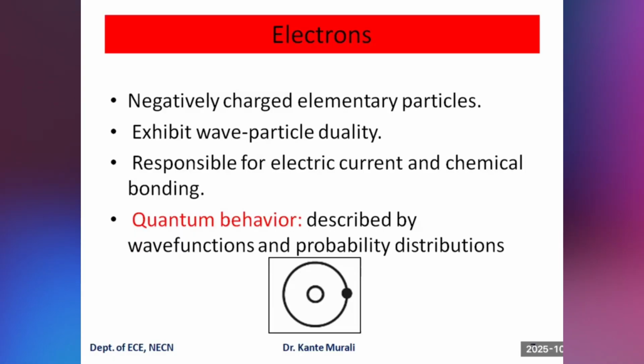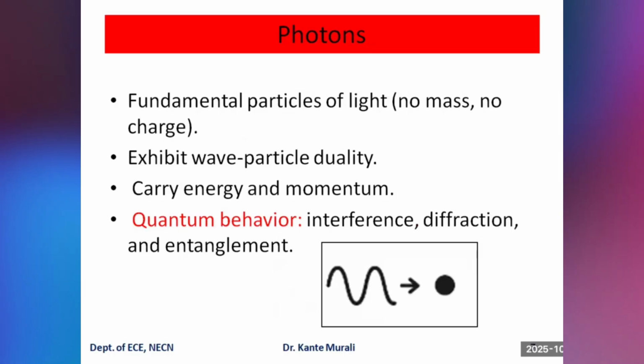For example, the working of your mobile phone processor depends entirely on controlled electron movement. We can describe the behavior of the electron by knowing the wave function and the probability distributions. Next, come to photons. These are fundamental particles of light, which are massless and chargeless, but full of energy.